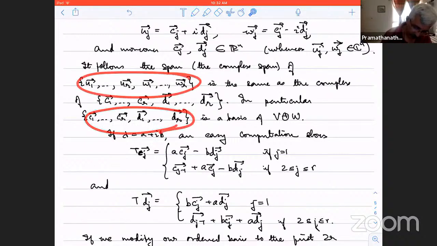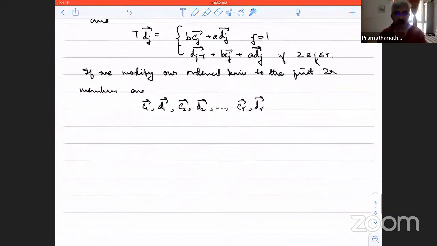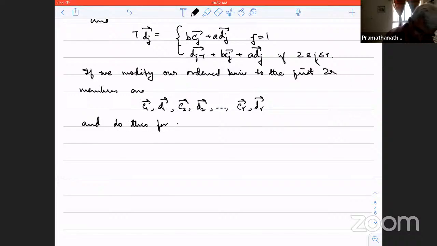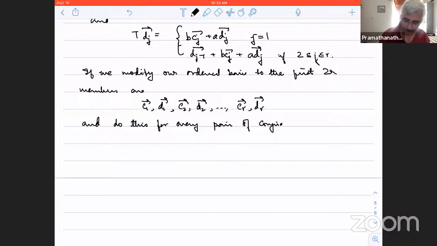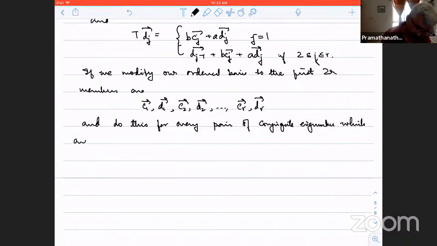Then we had this order with the U's and W's being replaced by real vectors C and D, first the C's, then the D's. Now I'm alternating them. And do this for every pair of conjugate eigenvalues which are not real.